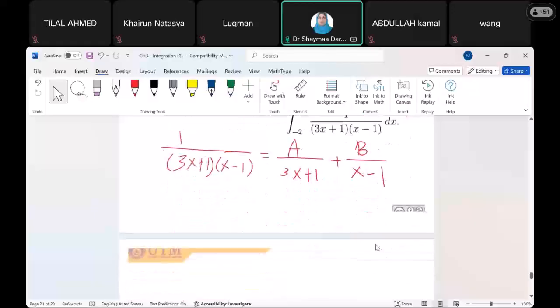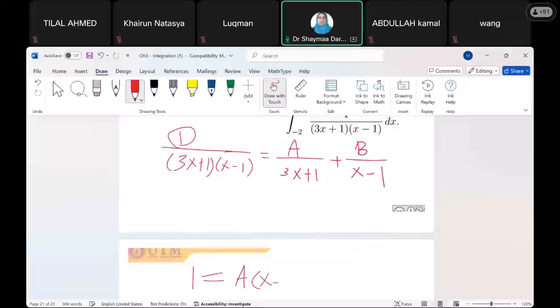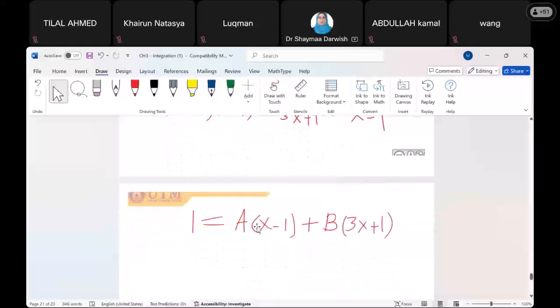So I have to write the equation: 1 equals A, and since A is over 3x plus 1, I multiply by the other factor, x minus 1, plus B. B is over x minus 1, so I multiply by the other factor, 3x plus 1. So A(x minus 1) plus B(3x plus 1) equals 1.